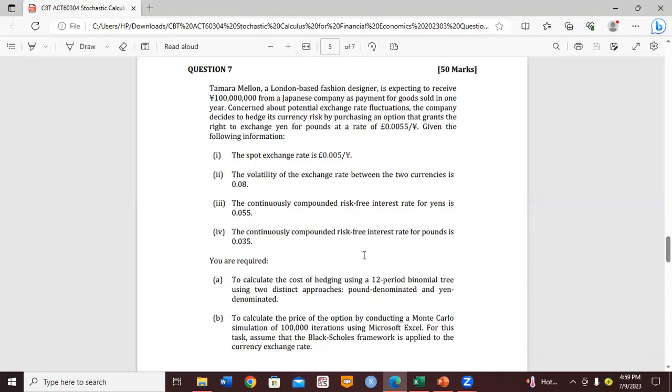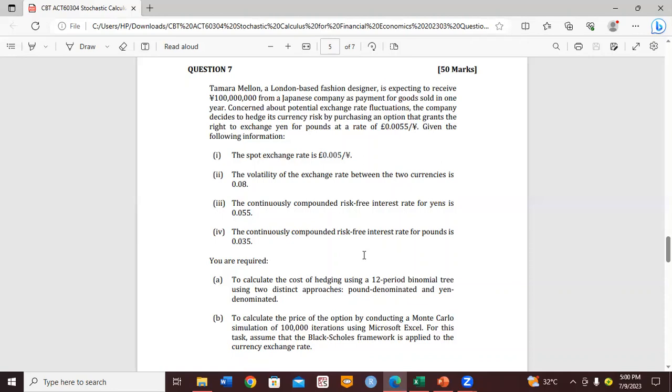The continuously compounded risk-free interest rate for pounds is 0.035. So the question requires us to calculate the cost of hedging using a 12-period binomial tree using two distinct approaches, the pound denominated and the yen denominated.